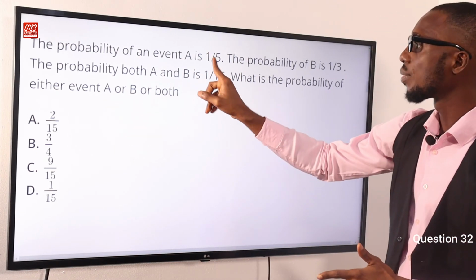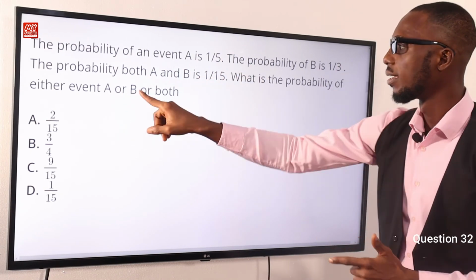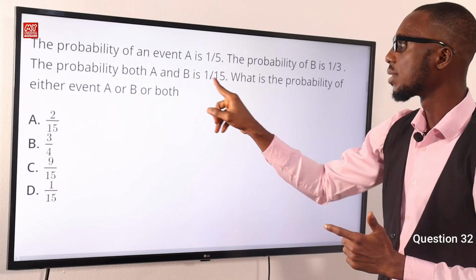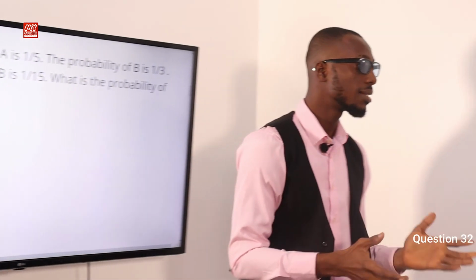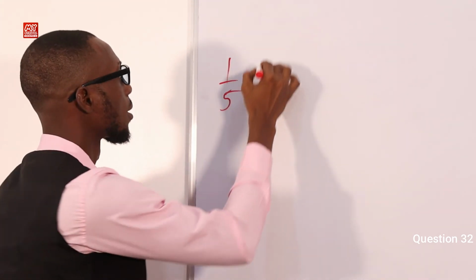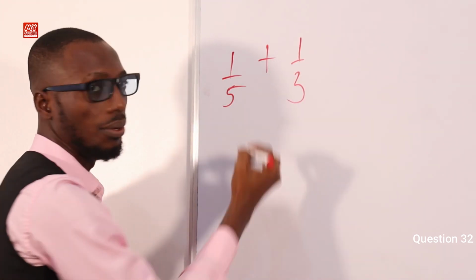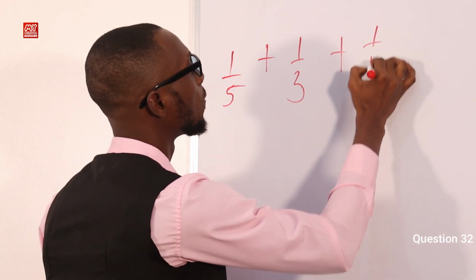So let's just work this out on our whiteboard. We have 1 over 5, remember or means plus, 1 over 3, then again the both events, which we've gotten as 1 over 15.